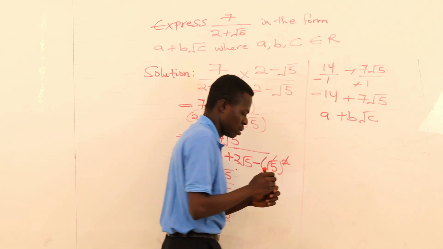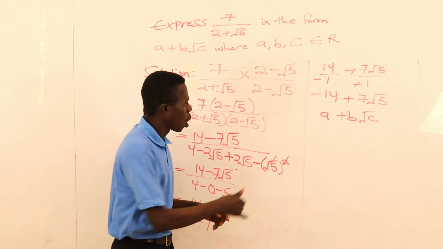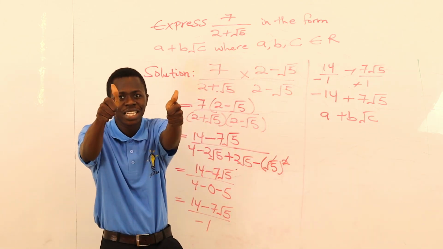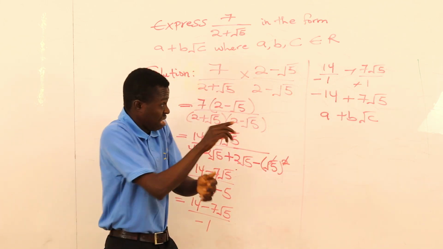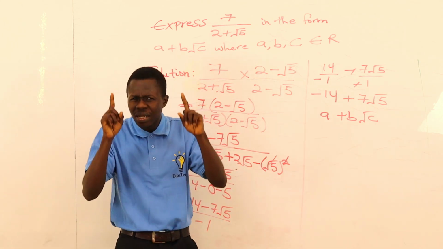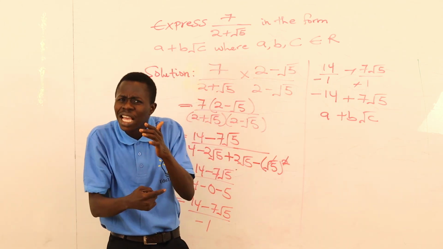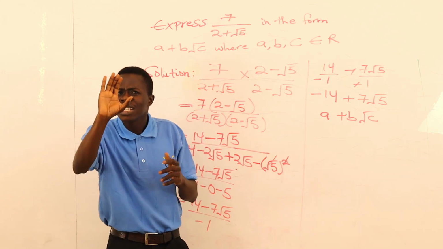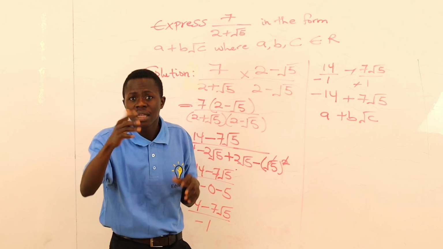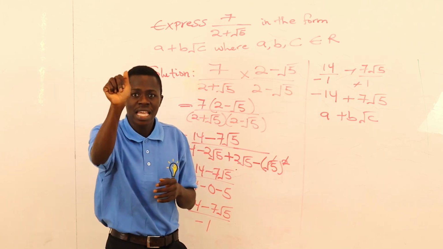Now are we done? No. The question says we should express it in the form a plus b square root of c. So let's do that. So we are going to have a plus b square root of c, and when we compare, but you remember, what would a be and what would b be and what would c be?